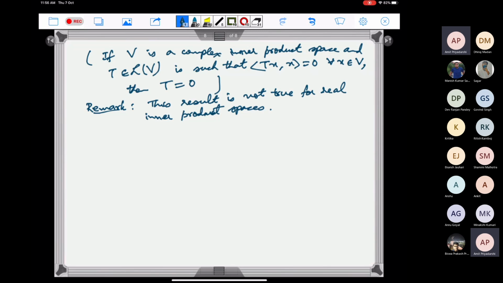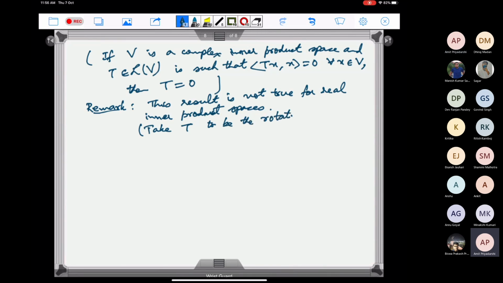Rotation by 90 degrees. So for any x, Tx is always orthogonal to x, so Tx inner product x will be equal to 0, but T is clearly not the 0 operator.